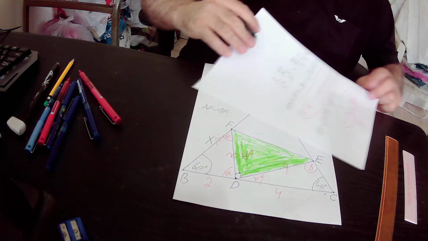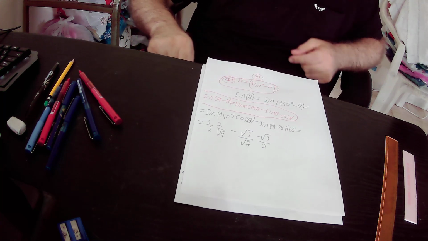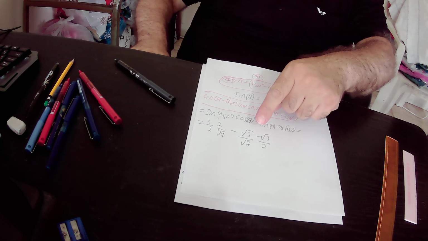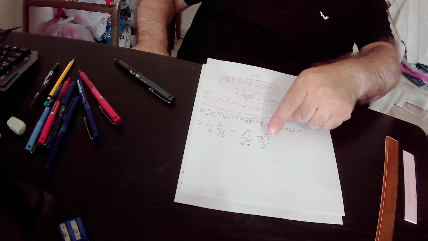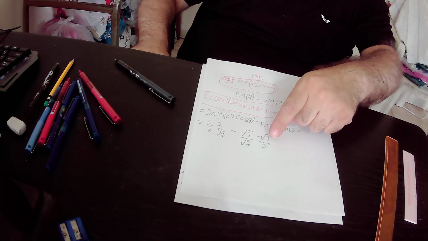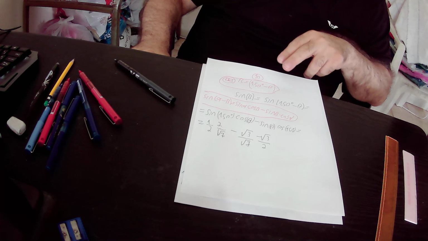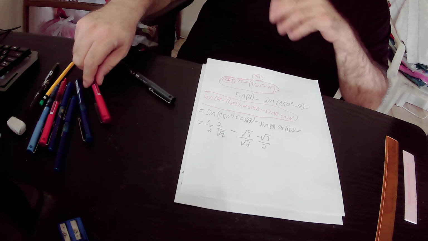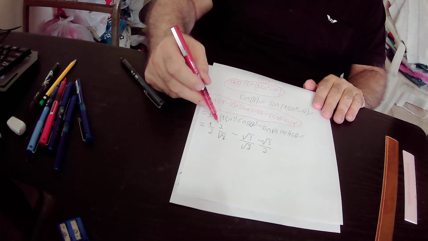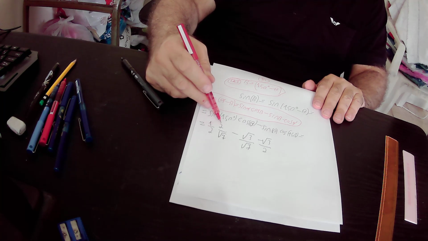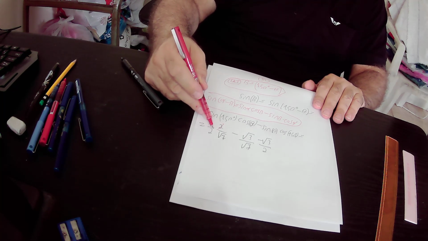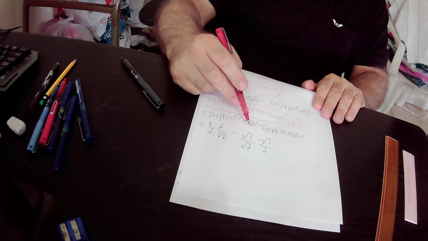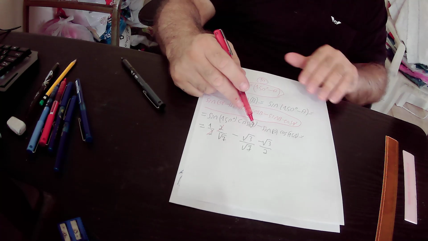So in total we got that 1 over 2 times 2 over root 7 minus root 3 over root 7 times minus root 3 over 2 all actually equals sinus beta. So here we have 2 in the numerator and 2 in the denominator, so 2 over 2 is 1, the 2 is cancelled, and minus times minus is plus, and root 3 times root 3 is 3.